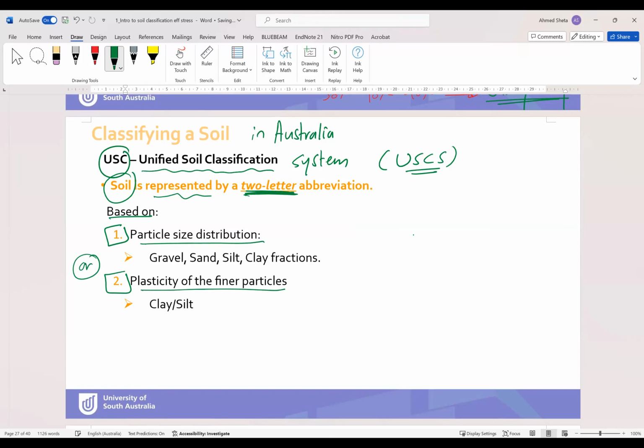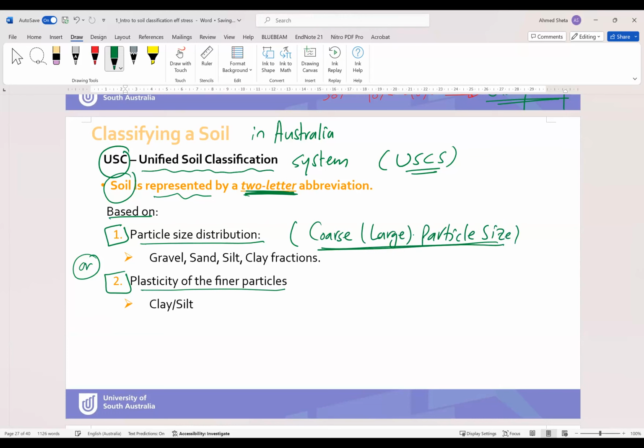So you can classify the soil based on two criteria: particle size distribution, the gravel, sand, silt, clay fraction. This is applicable for coarse or large particle size, so it can only be applicable for coarse size.